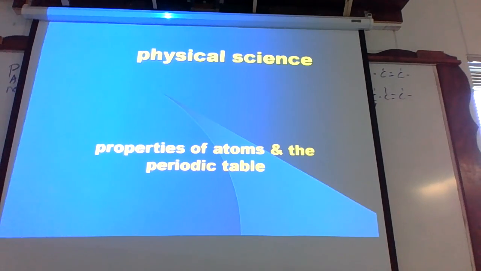It's the different charges. So in each one of these boxes, you're going to see the abbreviation of that element, the name of that element, the atomic mass of that element, and the different charges that it can form.